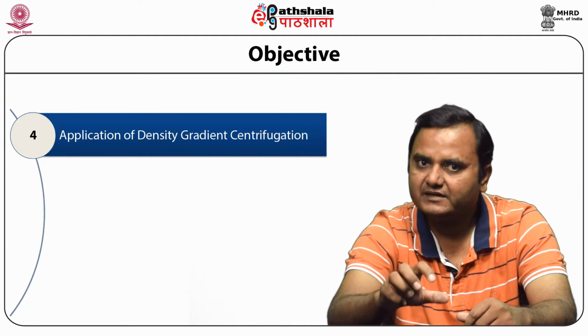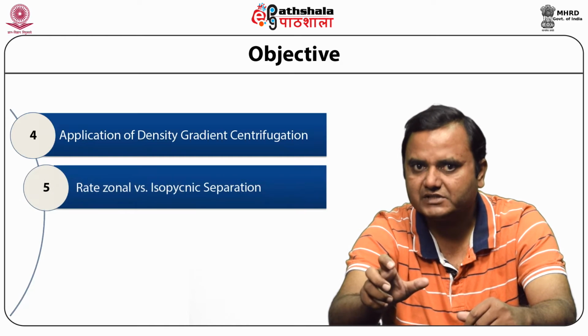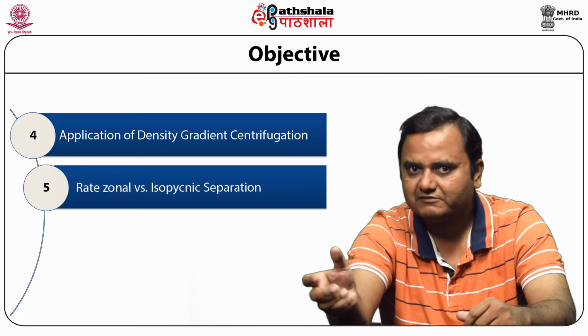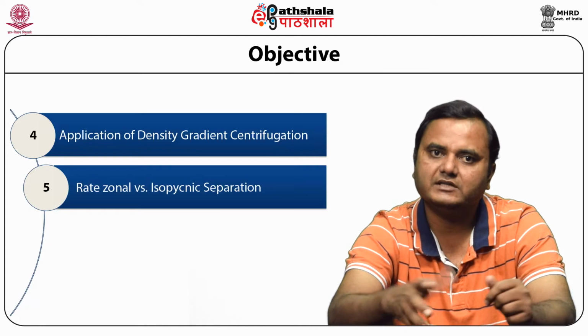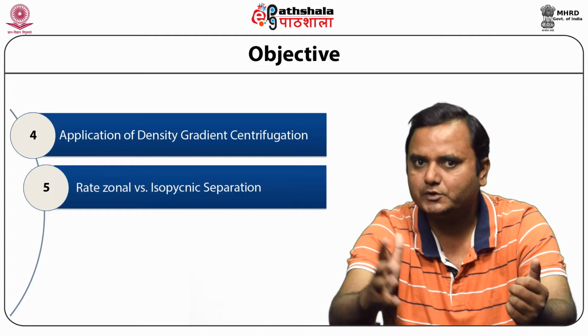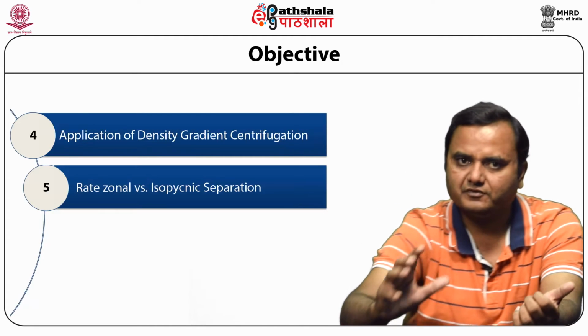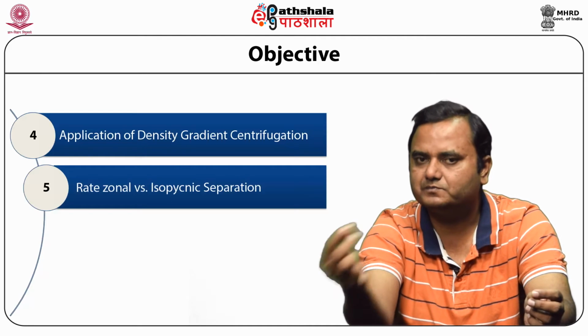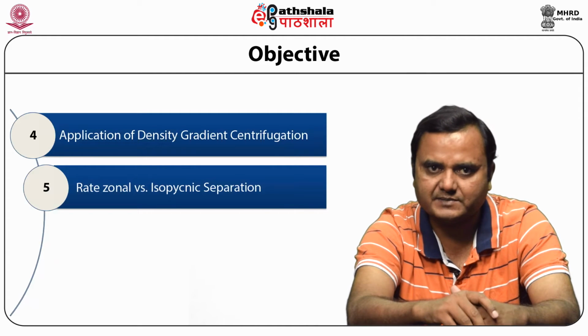Then we compare rate zonal centrifugation with isopycnic separation, with a discussion on the advantages and disadvantages of both methods, and the choice of when you have to go for the rate zonal centrifugation process or when you go for isopycnic separation.